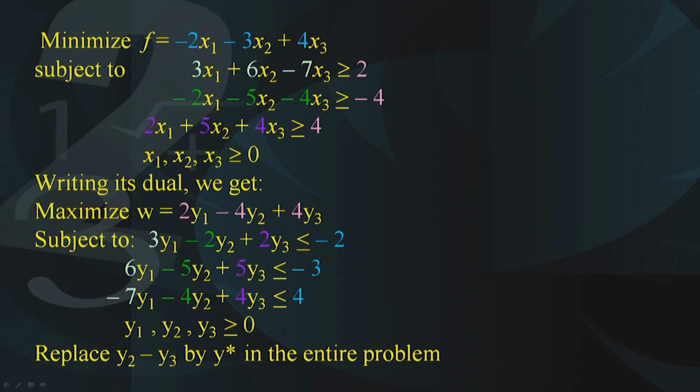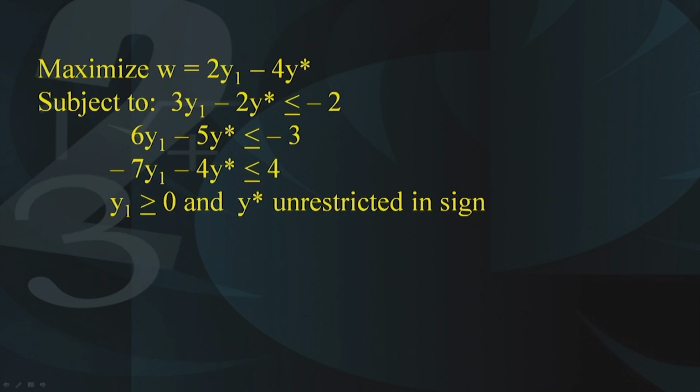So, what do we get? We get the following problem: maximization of 2y1 minus 4y star subject to 3y1 minus 2y star less than or equal to minus 2, 6y1 minus 5y star less than or equal to minus 3, minus 7y1 minus 4y star less than or equal to 4.